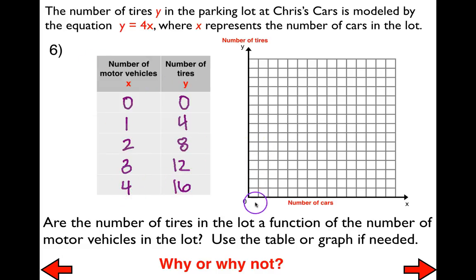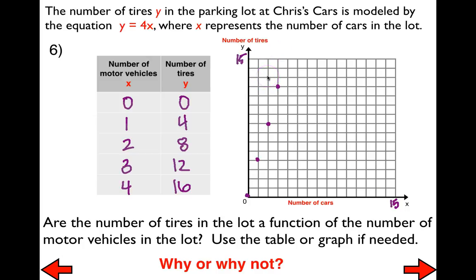So here I can go ahead and graph: 0, 0; 1, 4; 2, 8; 3, 12; and 4, 16 doesn't fit, so I'm just going to leave it off. Obviously, I scaled these by 1, so I'm going to go ahead and say it goes up to 15 here.